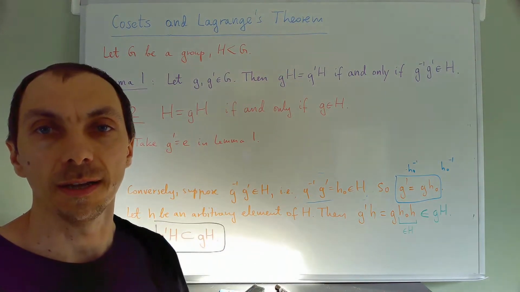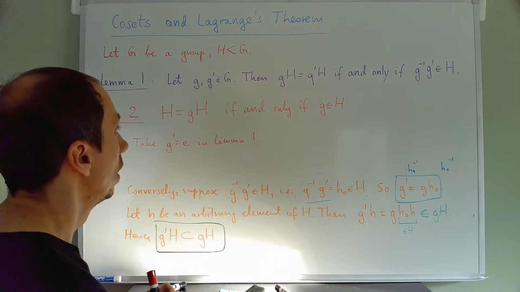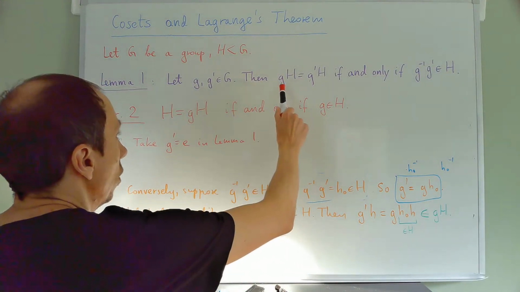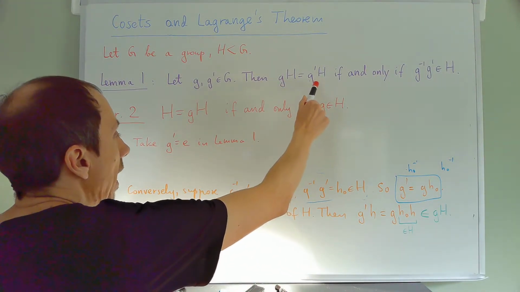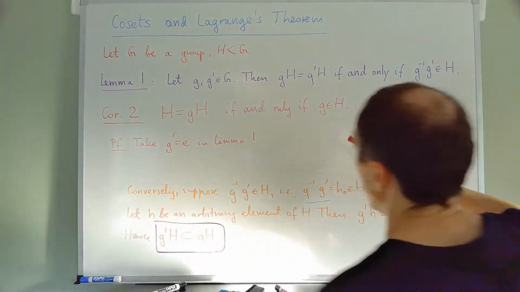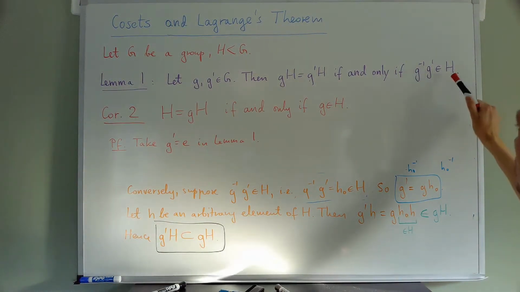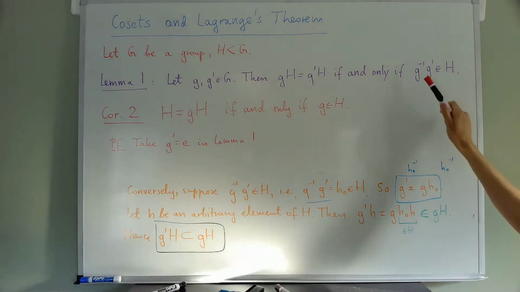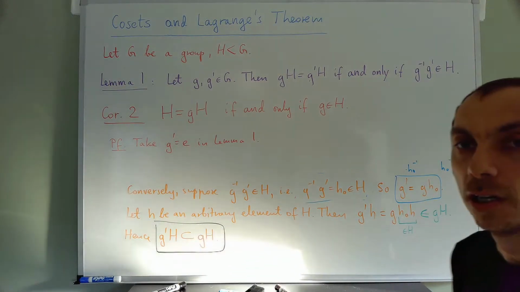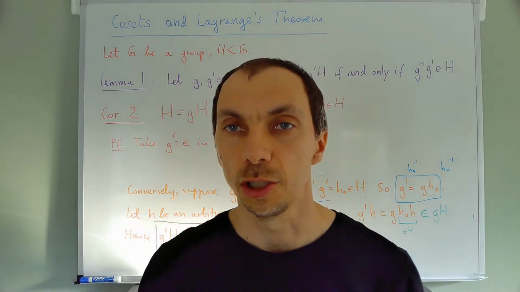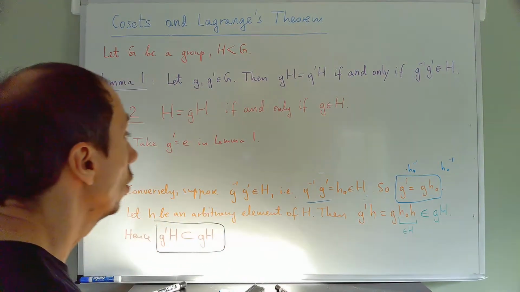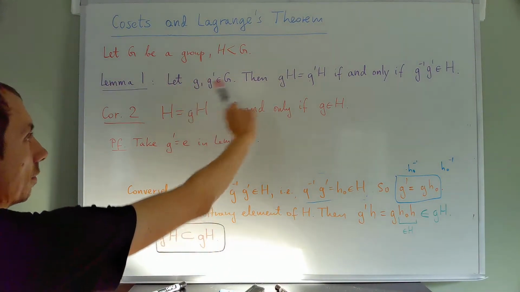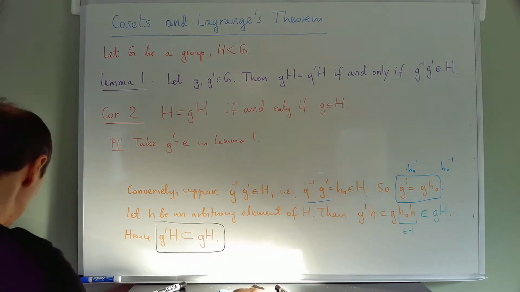Oh, but that's just H. So it says GH is equal to H if and only if G inverse is in H. But if G inverse is in H, H is a group, so that also means that G is in H. So corollary 2 just follows exactly from this line.